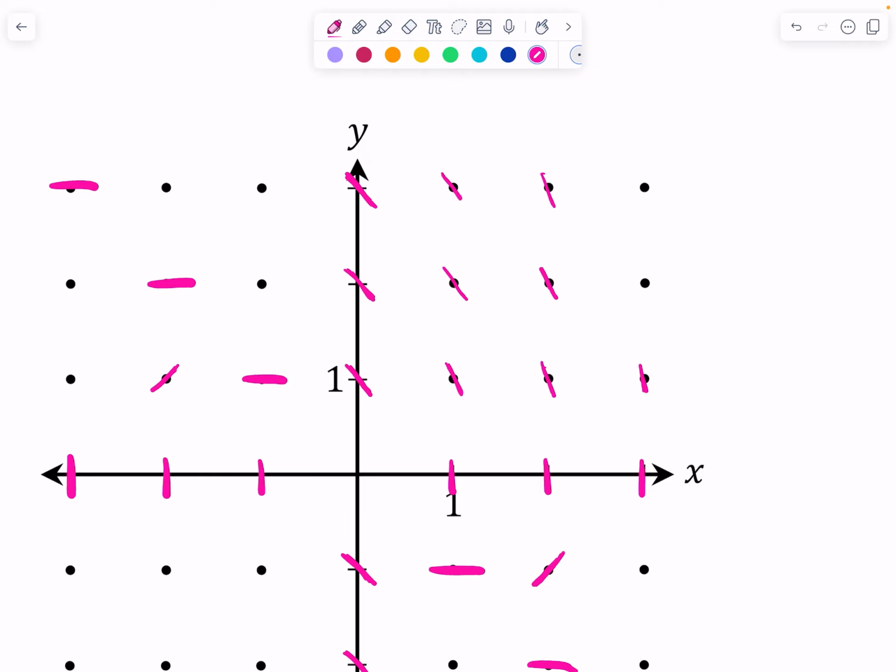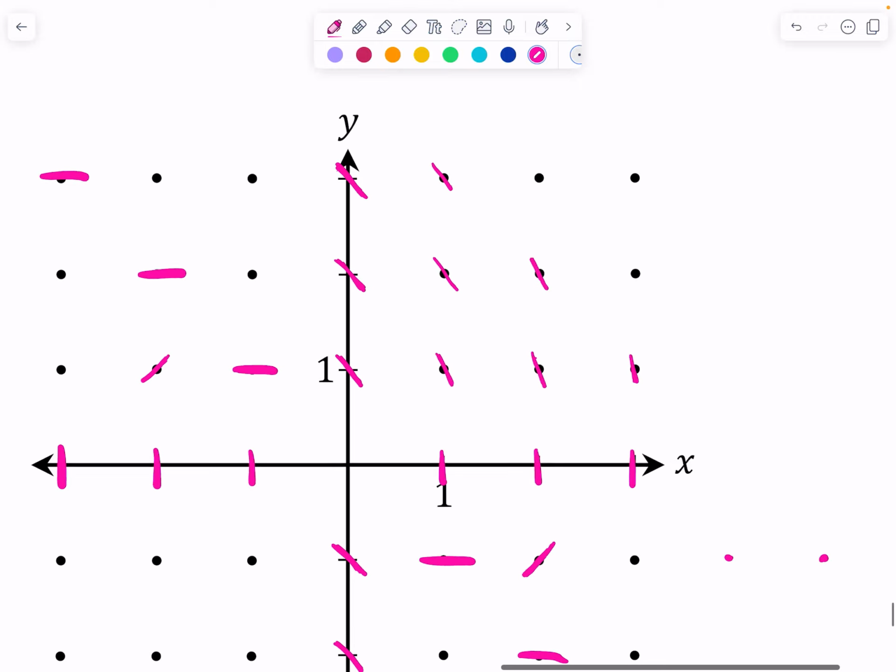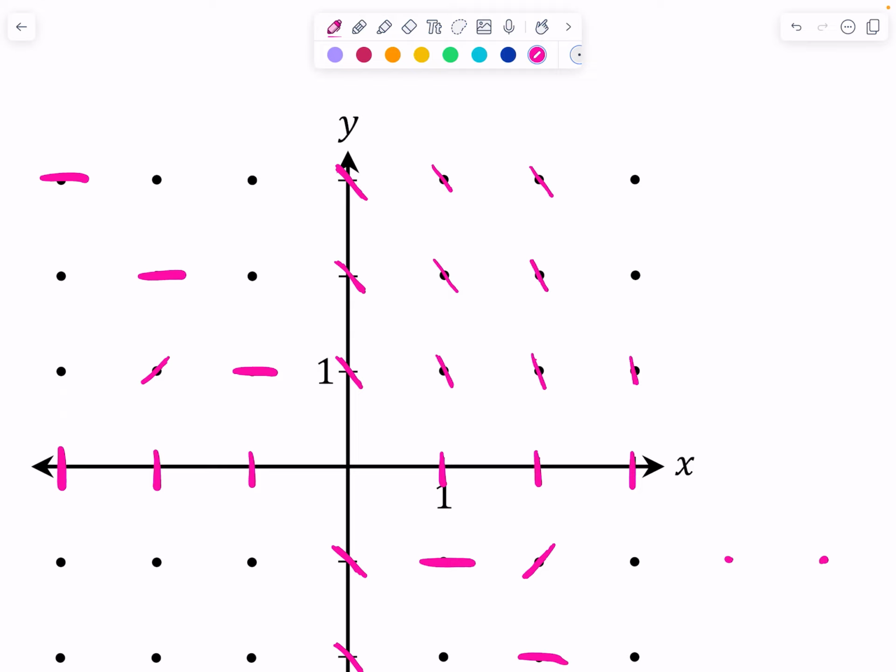The 0.32, that's 5. Oh, I did this top one wrong. It should have been 5 over 3. That was my mistake. 2, 3. I think.